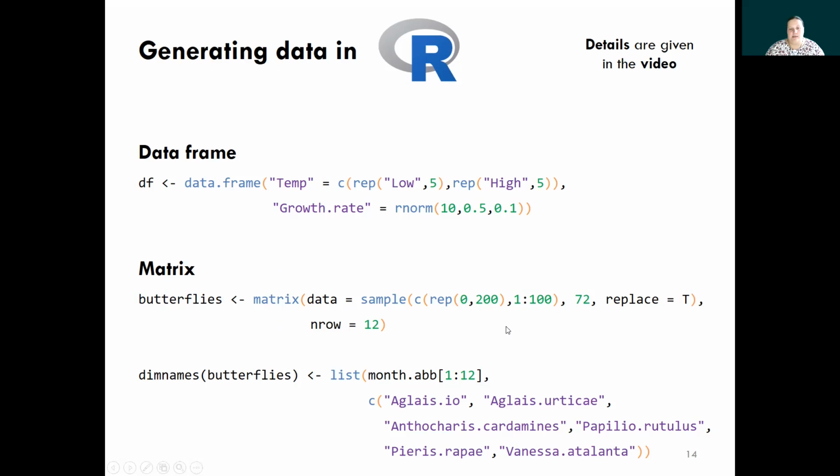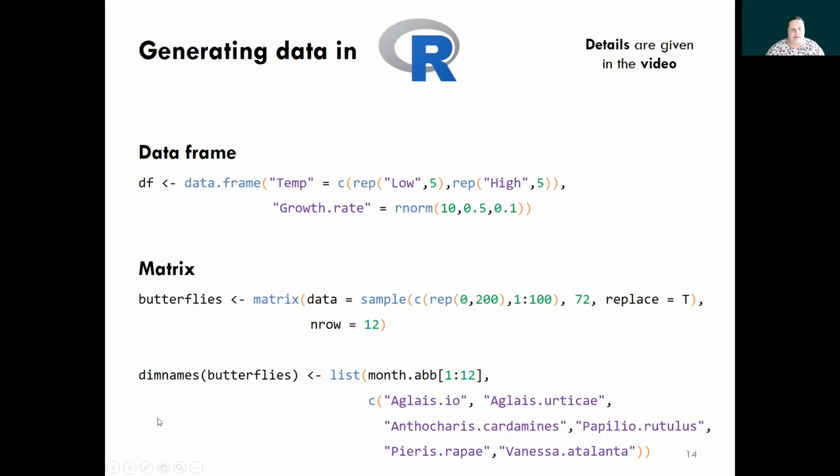The reason I did this was just to increase the probability of 0 being sampled. So I'm sampling 72 times, and each of the values that is sampled from this vector can be replaced. So if the value 100 gets sampled, it can be sampled again. And I'm then subdividing these 72 data points into 12 rows, or in other words, into 6 columns.